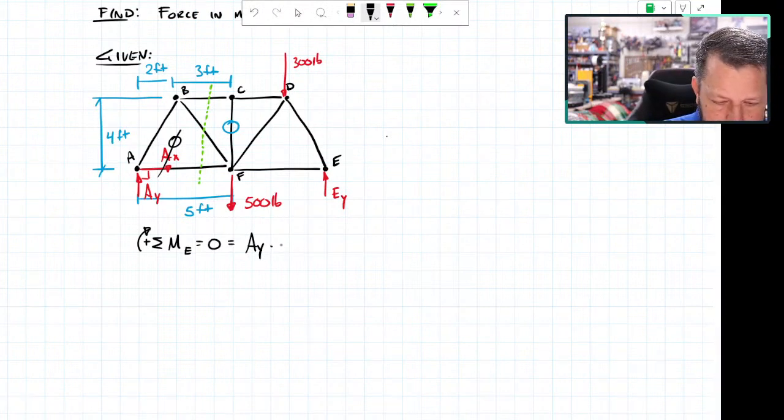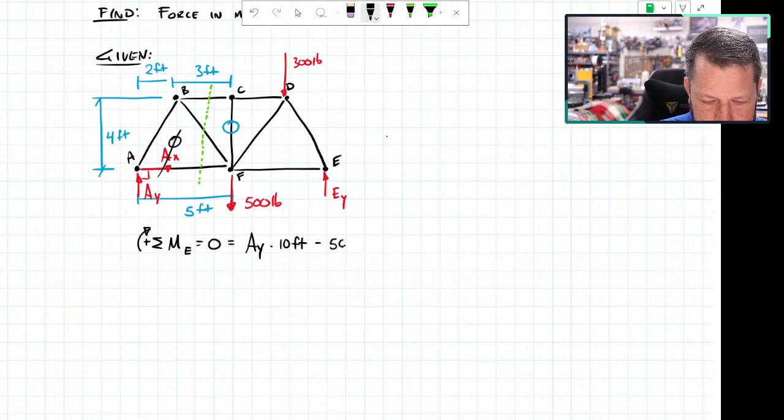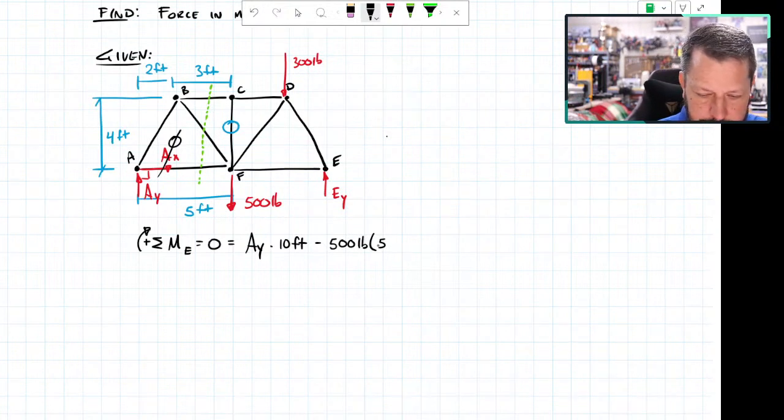It has a 10-foot, what we call moment arm, going around clockwise. 500 pounds has a 5-foot arm. I know I didn't label the right hand side, but it is a mirror image of the left hand side. The dimensions are the same.